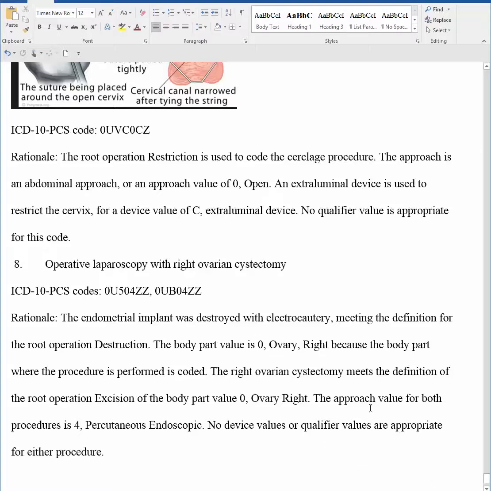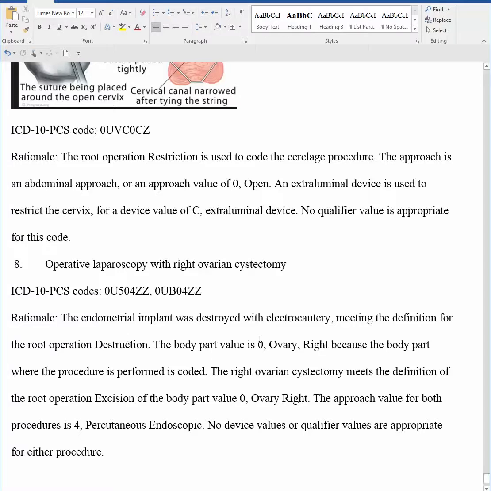He also removed this cyst from the woman's ovary. He says the right ovarian capsule was excised. He didn't take the entire ovary. There's nothing that says that. So we're going to code the root operation of excision for that. And of course it's ovary and it's right. We have two codes, 0U5 and 04ZZ.